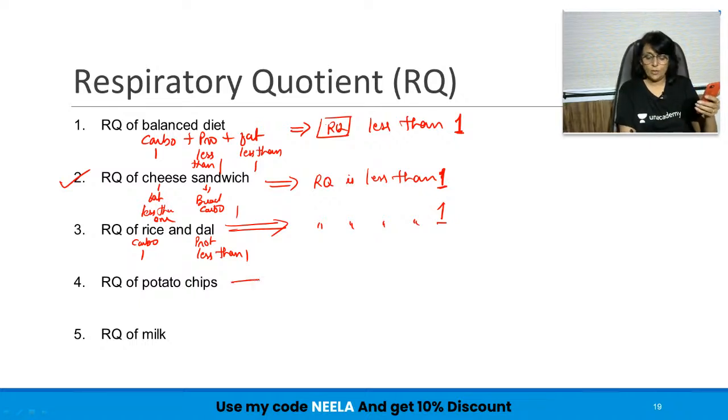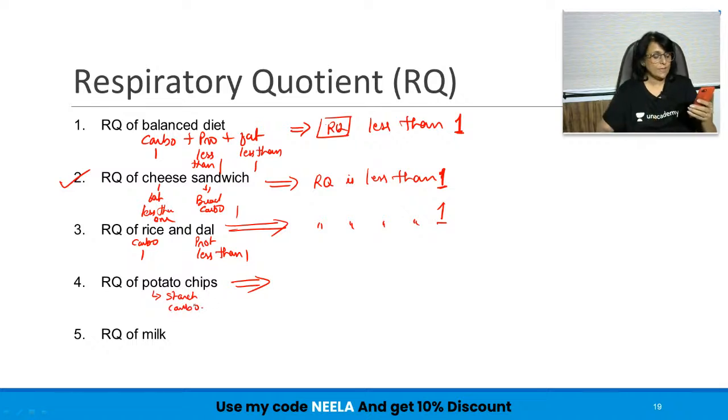Perfect. Potato chips. RQ of potato chips. Less than 1. Why do you think so? Potato is starch. That is carbohydrate.